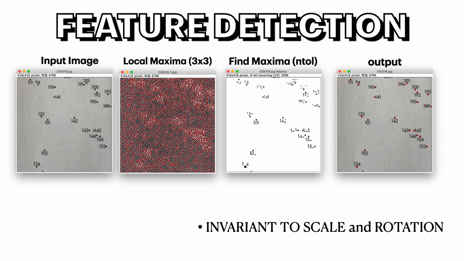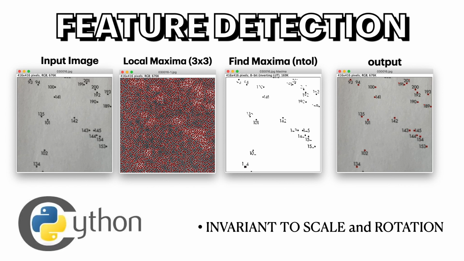And then once you do that, you are mostly left with just the dots in our image. And this approach is invariant to scale and rotation, so it's perfect for what we want to do. So if you zoomed in on this image or you zoomed out, you'd still find the dots, and also even if you rotated the image.